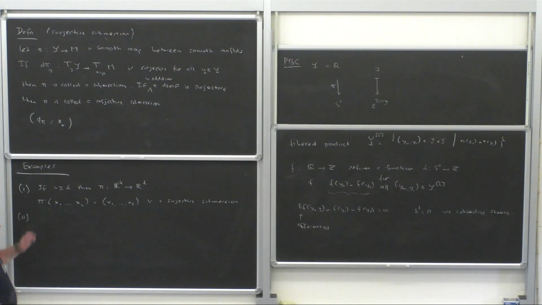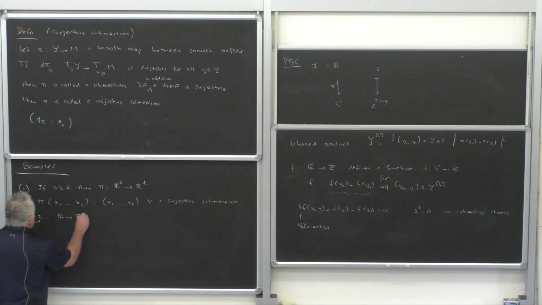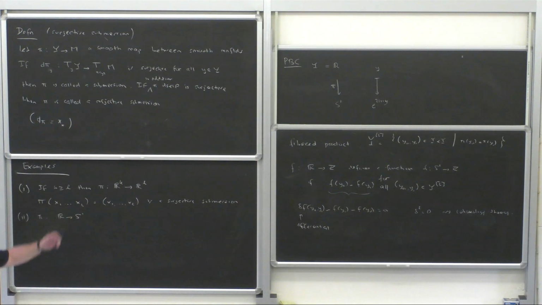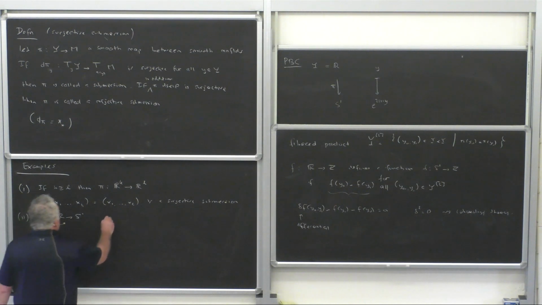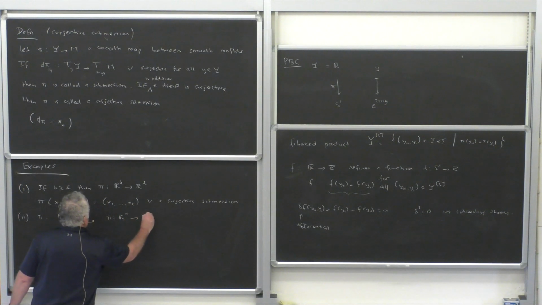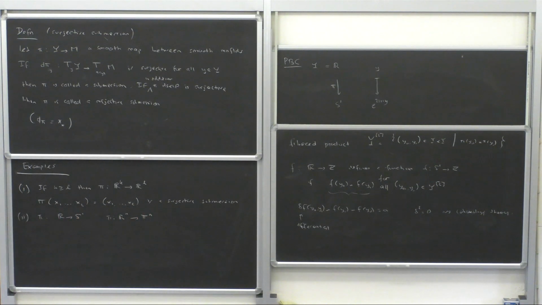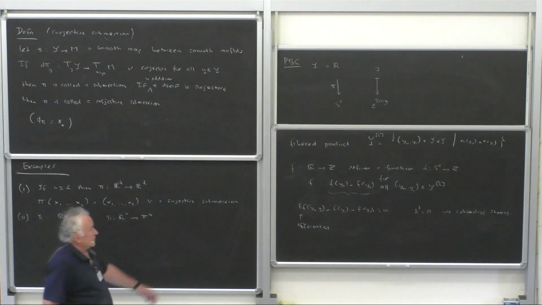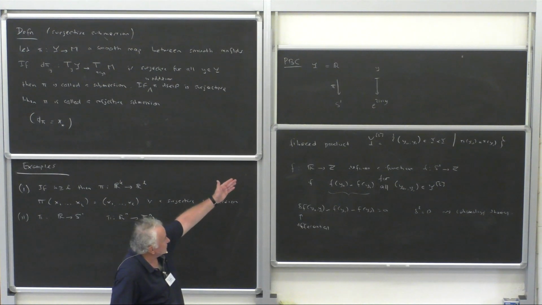Okay, the second example is pi, say, from R to S1. That's the map that I've written down there. That's a surjective submersion. Or more generally, I can do the same for pi from R^n to the n-dimensional torus. Well, again, clearly surjective.